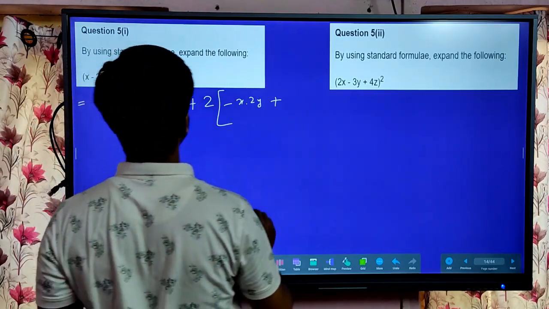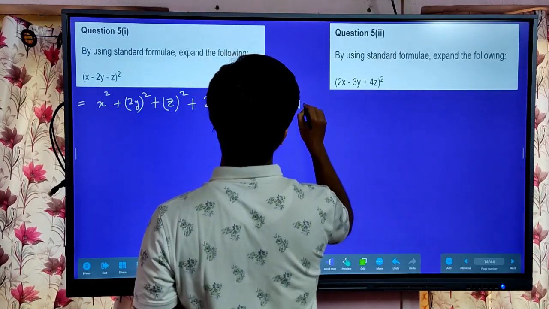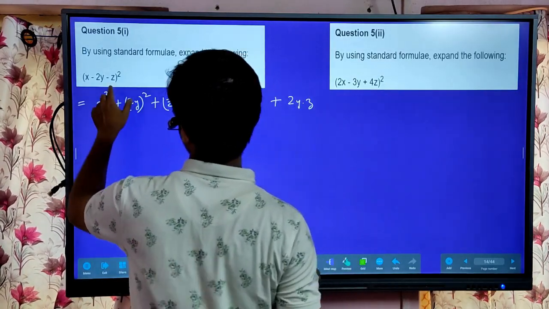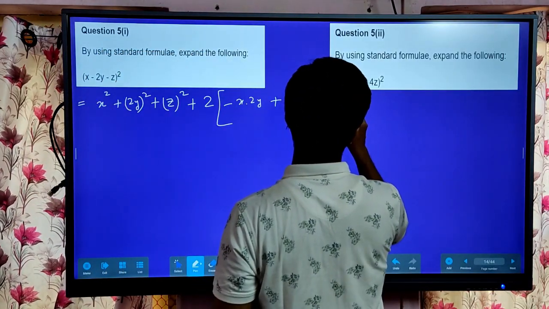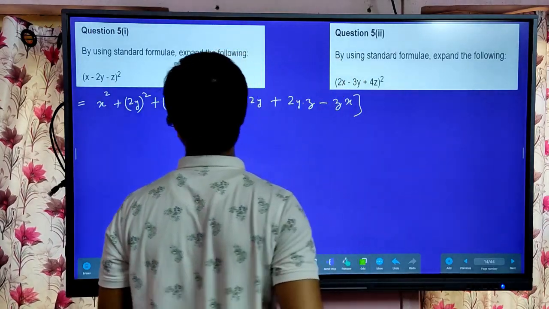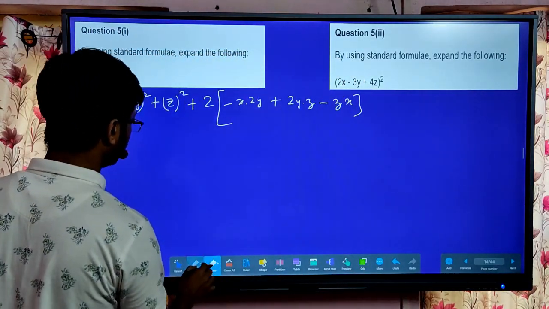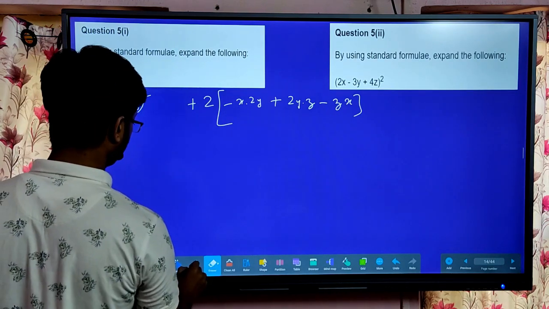Okay, 2y into z. So it will be plus 2yz, and then it will be zx. So plus z into minus, then minus zx. Okay, so let me change the z here also. Plus z square.